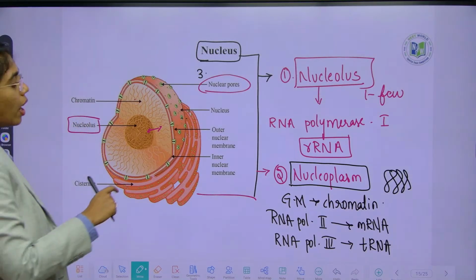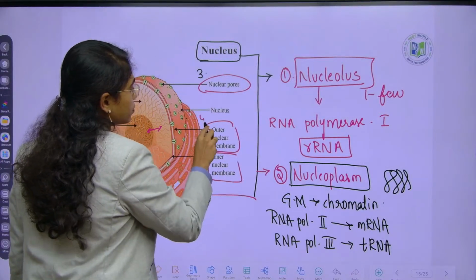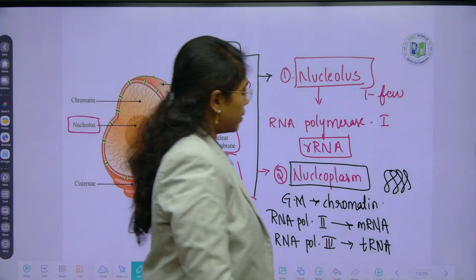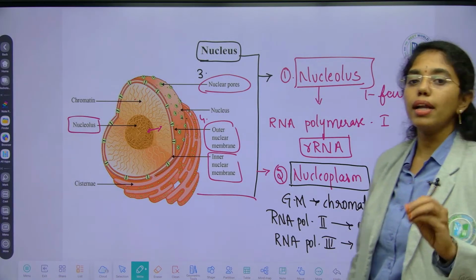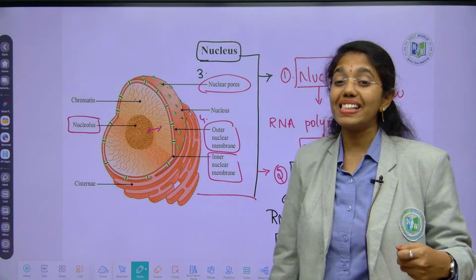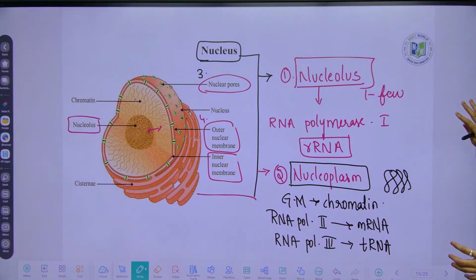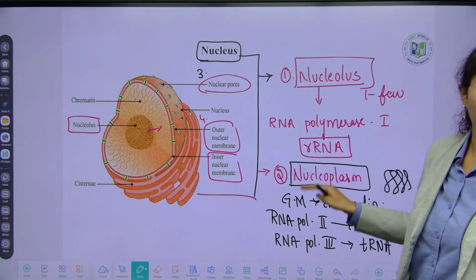Like that we have outer nuclear membrane and inner nuclear membrane. Fine. So, how can we observe mitochondria and nucleus? These organelles are visible only under electron microscopes when they are densely stained, right? So, you are clear on the components of the nucleus, right? Nucleolus, nucleoplasm, nuclear pores and nuclear envelope.